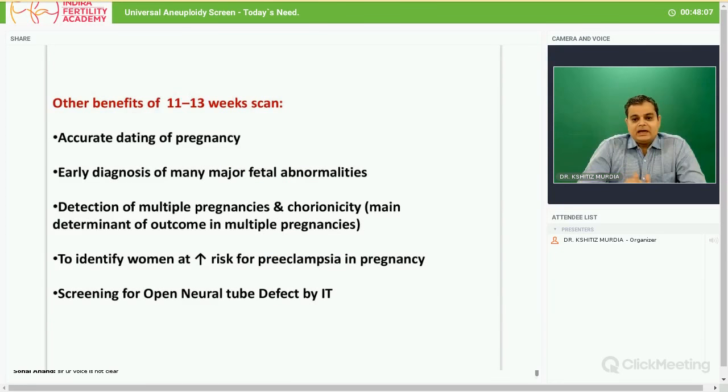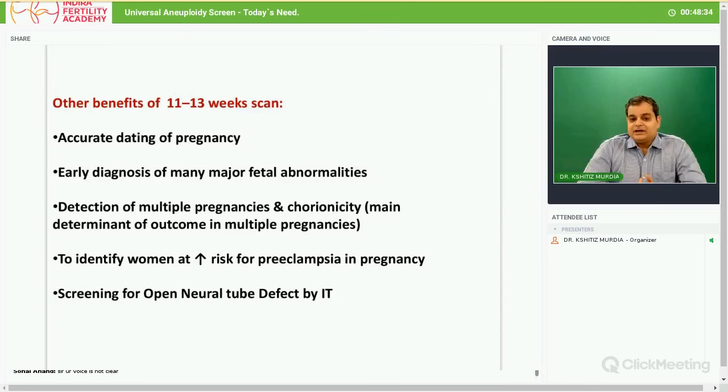Along with aneuploidy screening, the 11 to 13 weeks scan carries other benefits. With a scan at 11 to 13 weeks, we can accurately date the pregnancy. Moreover, we can diagnose major fetal lethal abnormalities, and detect multiple pregnancies along with their chorionicity, and we all know that chorionicity is the one which determines the outcome in multiple pregnancies.